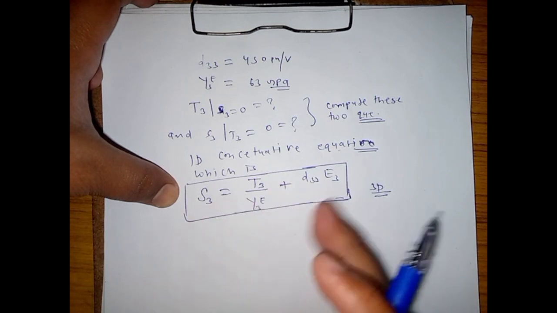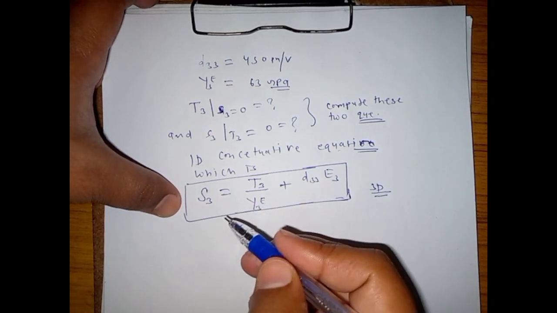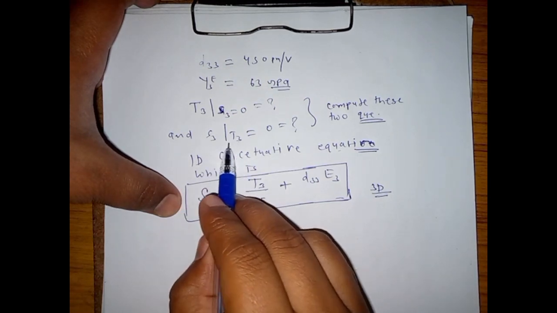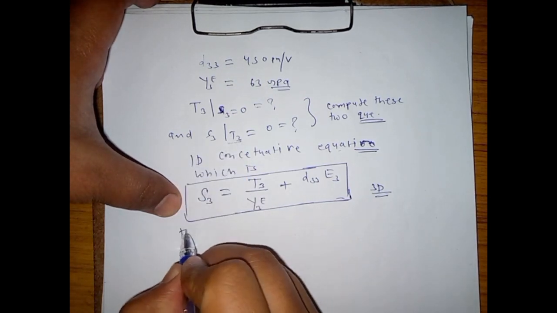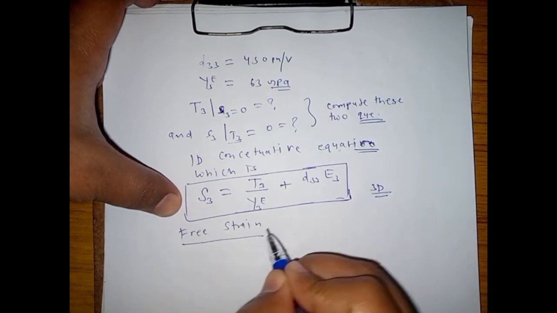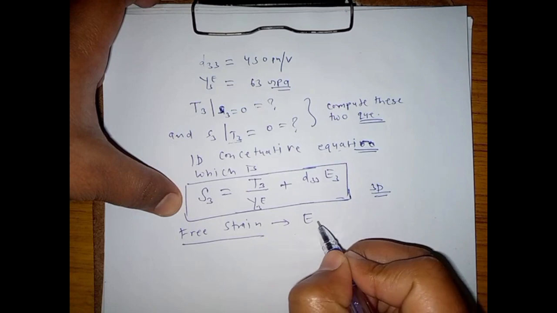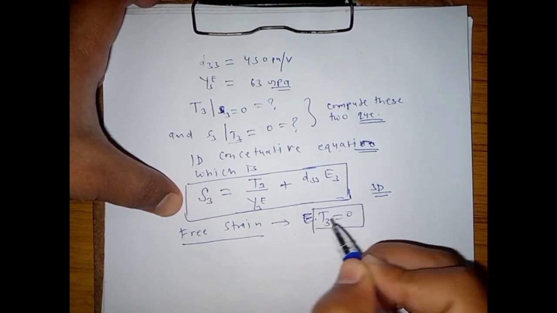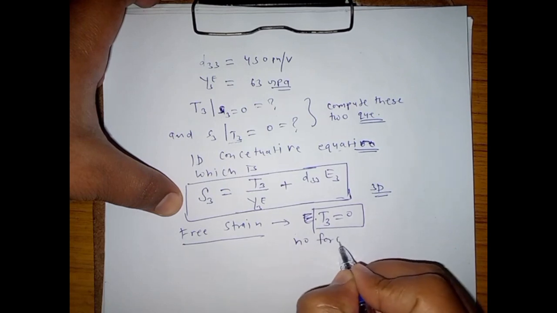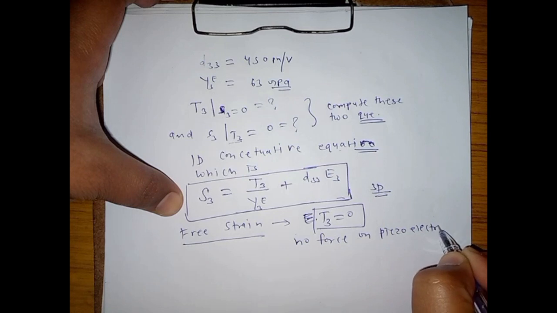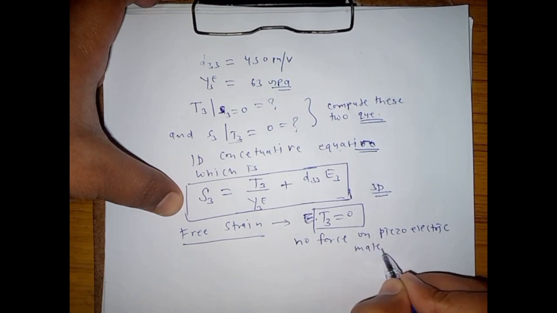For the free strain, T3 is equal to 0. Free strain means when T3 is equal to 0, no force on the piezoelectric material.